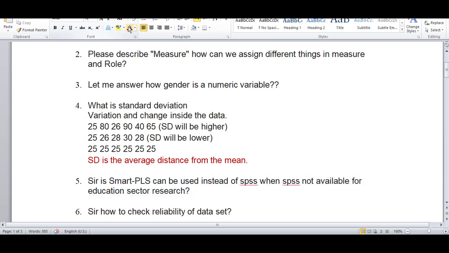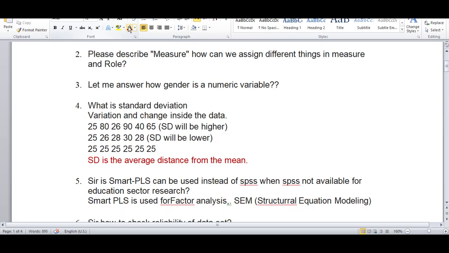So Smart PLS is used for factor analysis and SEM, or structural equation modeling, but for things like independent t-test, ANOVA, regression, correlation, you cannot use Smart PLS. So SPSS is actually a broad version, a generalized software. Smart PLS is specifically used for structural equation modeling.